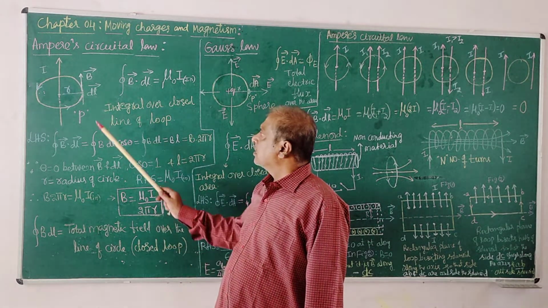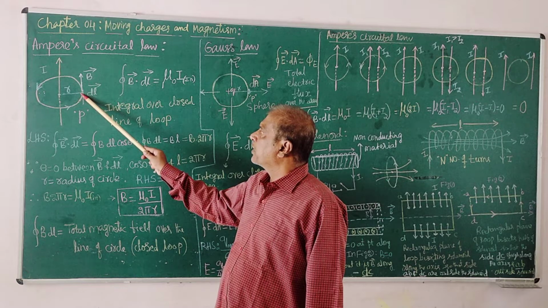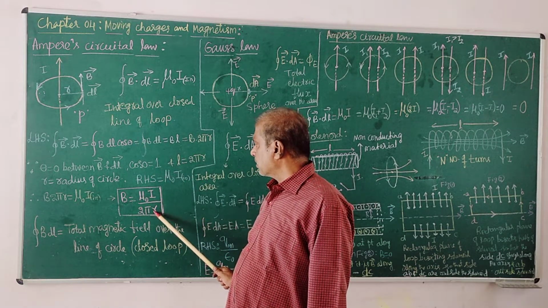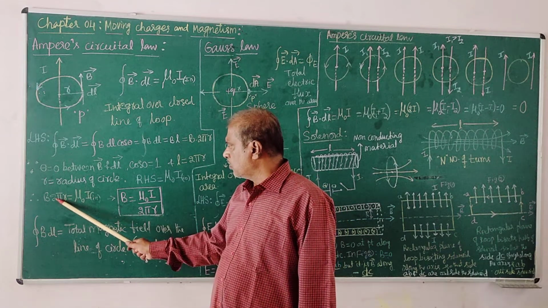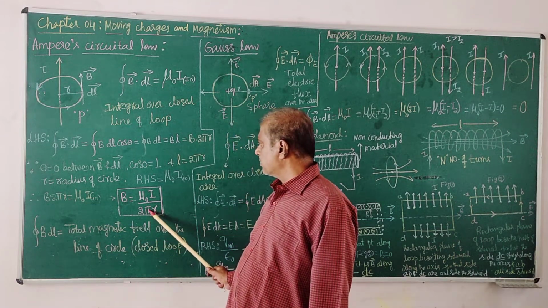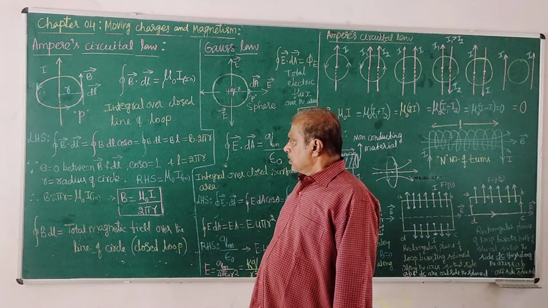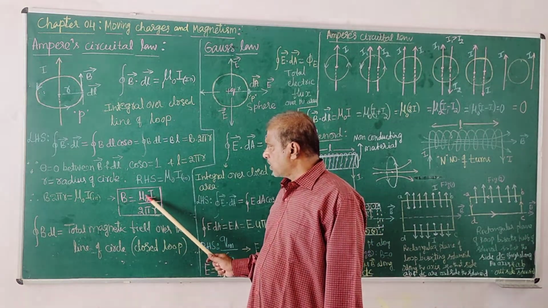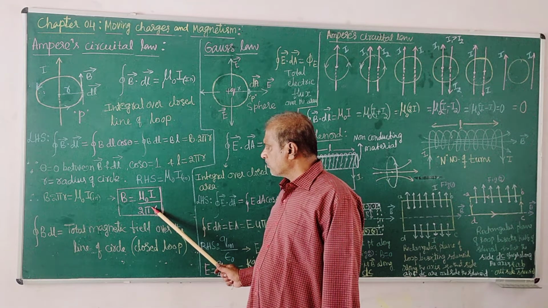B is the magnitude of the magnetic field at this point, equals mu naught I divided by 2 pi r. 2 pi r goes to the denominator. So the final expression we arrived at is B equals mu naught I divided by 2 pi r.